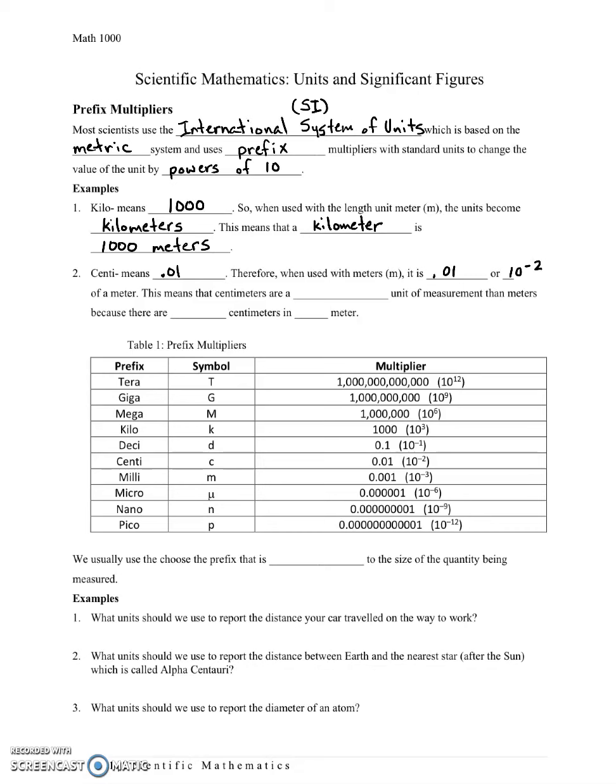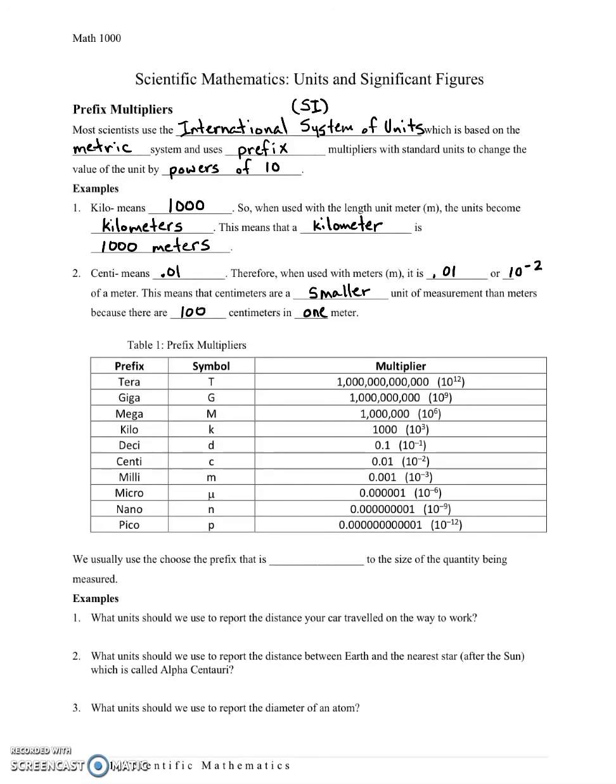That is a very brief explanation. We'll talk more about how to use those powers of 10 in a few more lectures when we get to scientific notation. So centimeters are a smaller unit of measurement than meters because there are 100 centimeters in 1 meter.